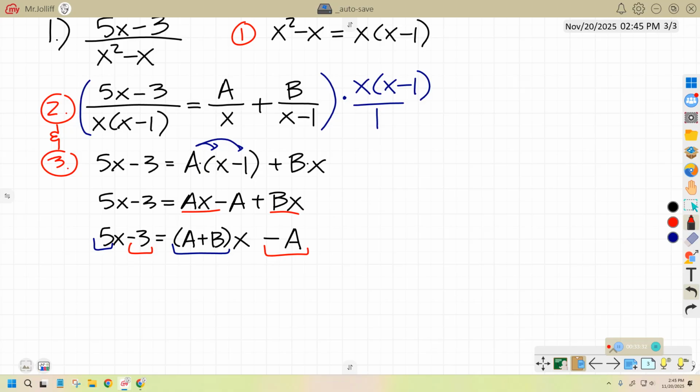And I know if those 2 linear functions are equal, their slopes have to be equal, their intercepts have to be equal. Equal means same slope, same intercept. So I know from that equation that 2 things are true. I know that 5 is equal to a plus b, and that negative 3 is equal to negative a.